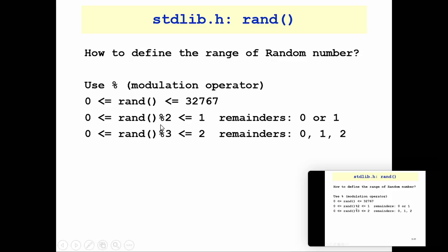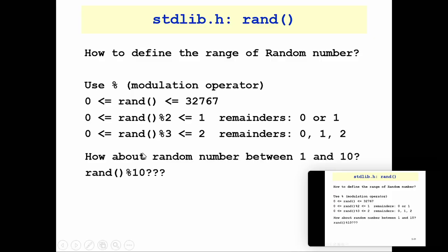Now we have rand % 3. Then what's going to be the range? 0, 1, 2, right? Only 3 numbers are possible. And now you want to generate a random number between 1 and 10.